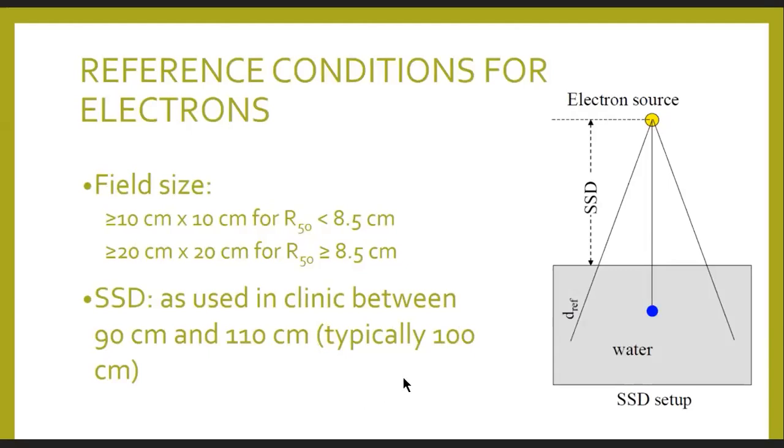And as for the distance between the water surface and the source, it's more flexible for electrons. You can use an SSD from 90 to 110 cm, but you have to fix your SSD and make your output factor measurements based on that distance.